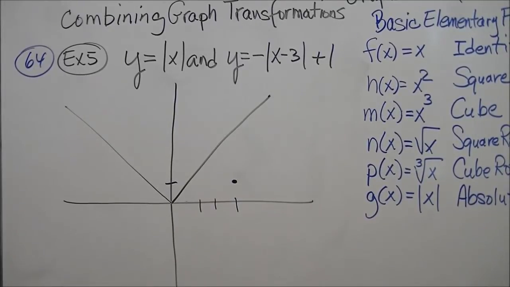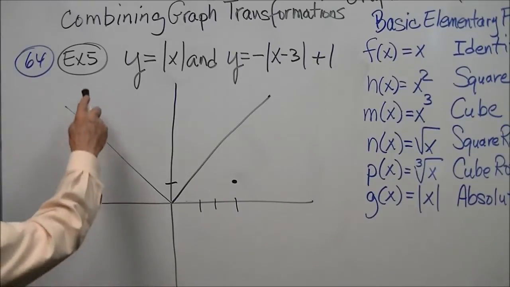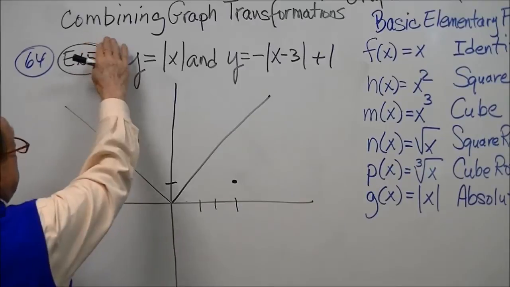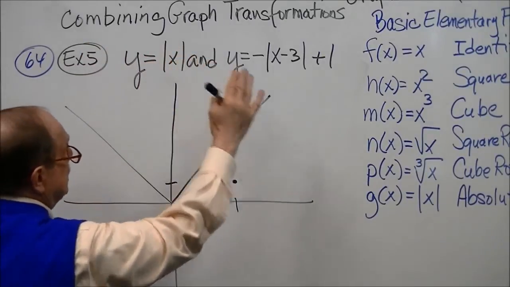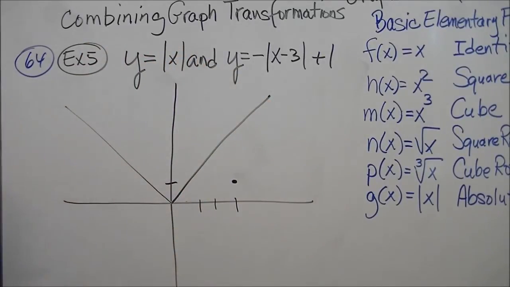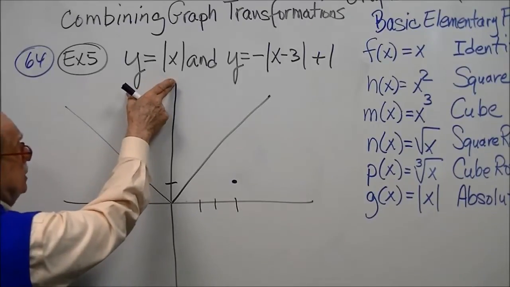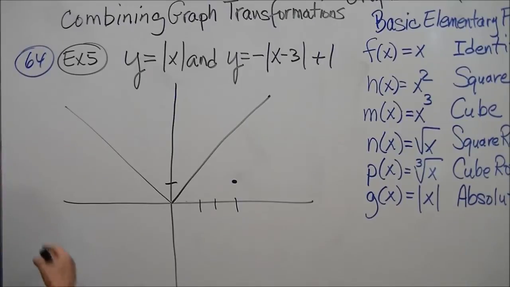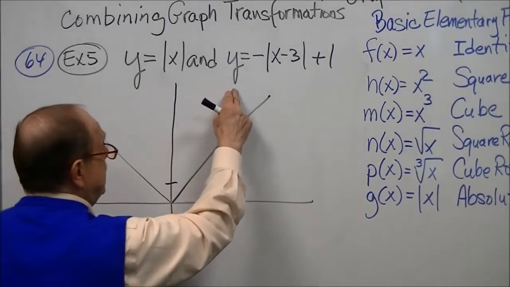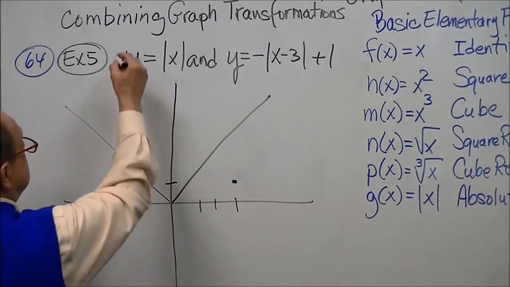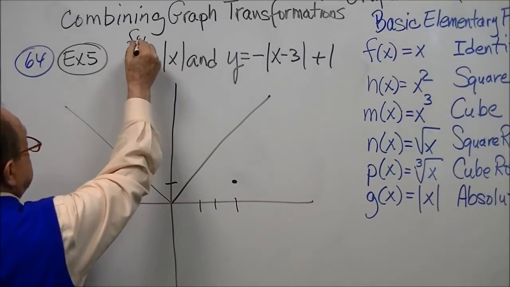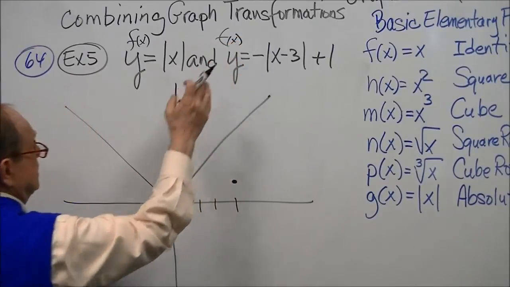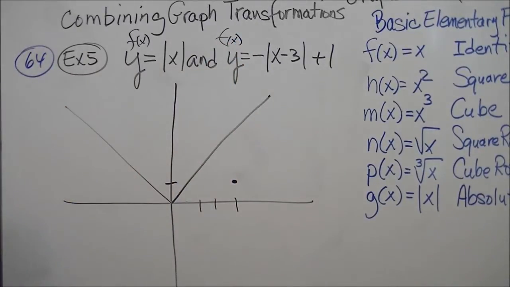Okay, as we continue with this section, on page 64, we talk about combining graph transformations. So here we have our original, which is y is equal to the absolute value of x. And then we have y is equal, and remember, we could change these to function notation very easily. The y could always be substituted for the function of x.